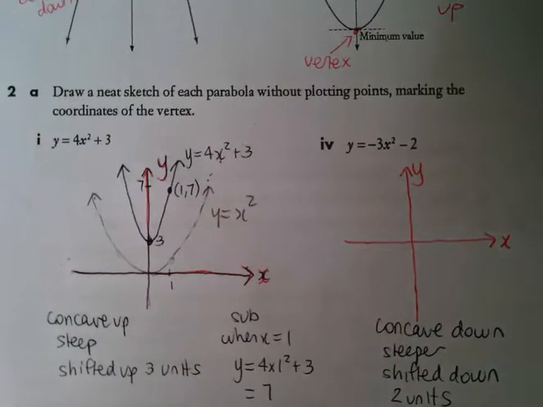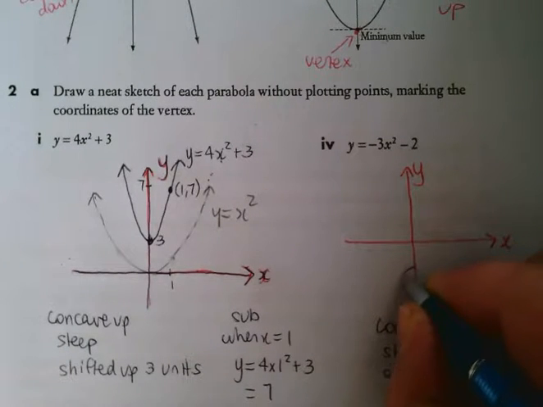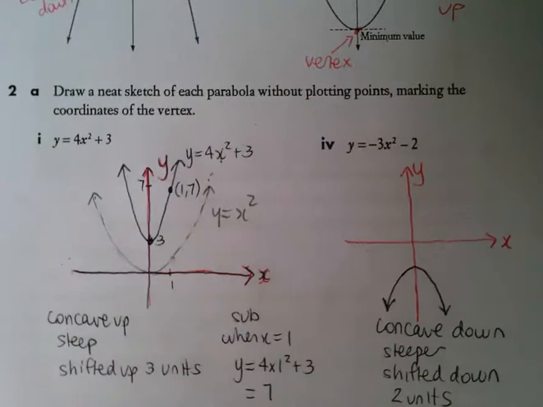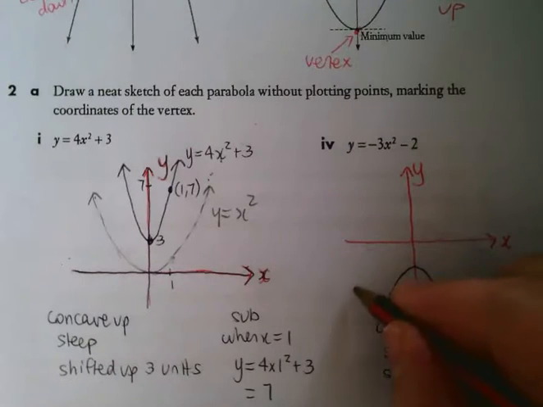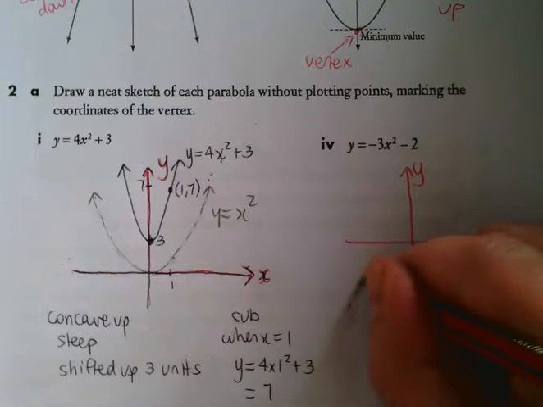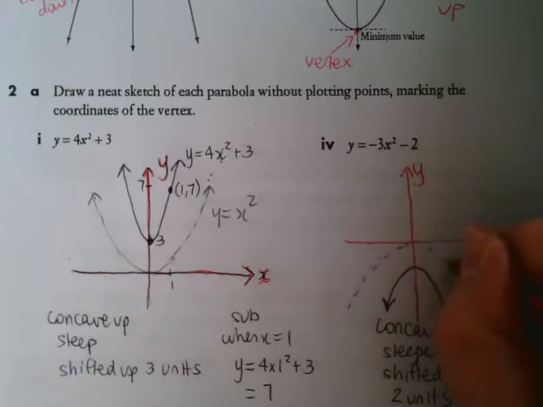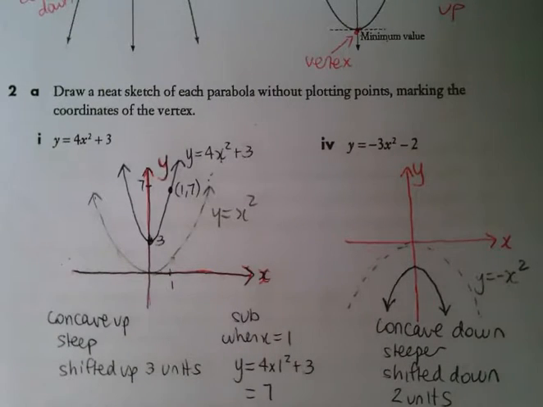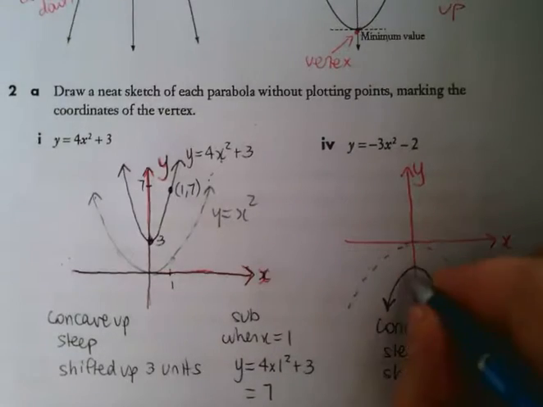So it's going to look like it's shifted down 2 and pretty steep like this. Okay, that's what it's going to look like. Because the normal negative x squared curve is like this. The dotted one, if that is y equals negative x squared, I'm trying to make that black one quite steep.